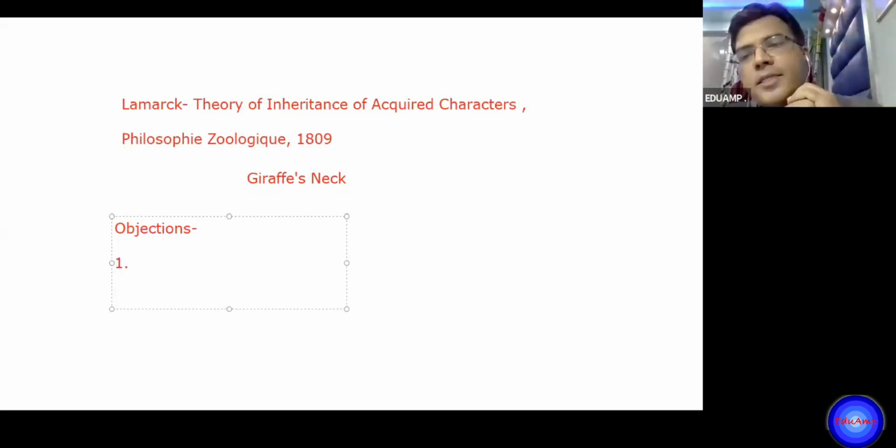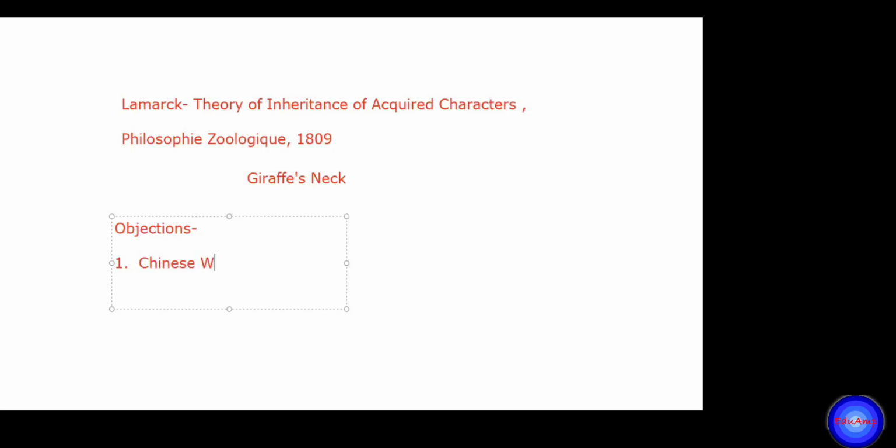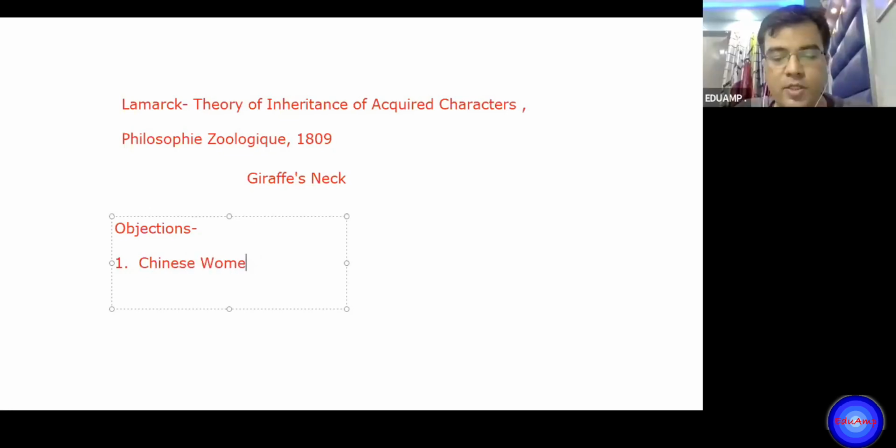So, there were several objections. Several people said that this theory cannot be correct because of one example, and this example I would give you from the country from which coronavirus has come. Which is that country? Chinese. Yes, Chinese women. Earlier, all the Chinese women used to wear iron shoes.